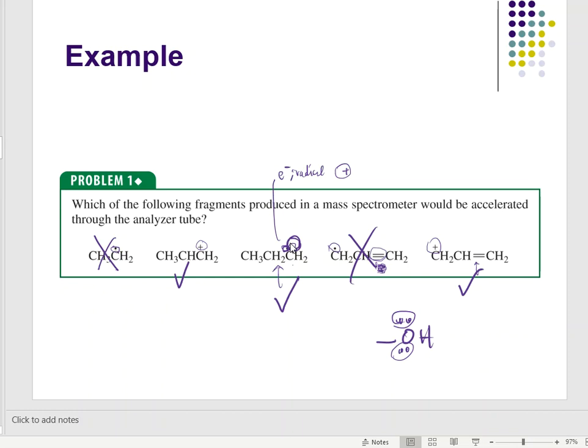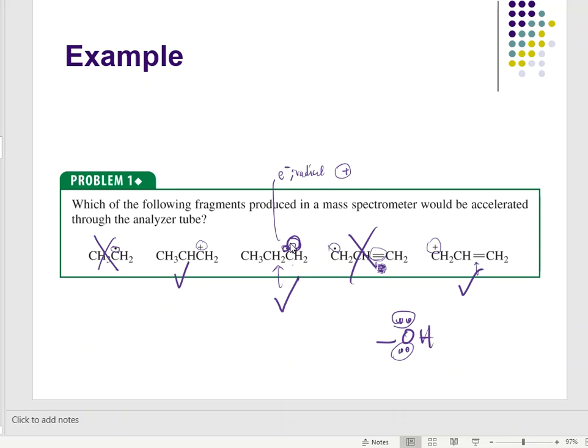As long as it has a positive charge where it fragmented, if it carries that positive charge, it will go through the other end of the tunnel and it will see the detector. So don't let those questions throw you off. Simply look for positive charges. As long as you do, you're going to get the correct answers, because that's all that you need to be looking for in these scenarios.